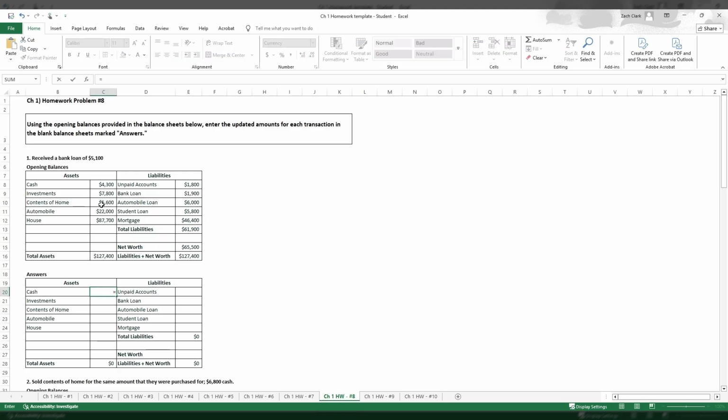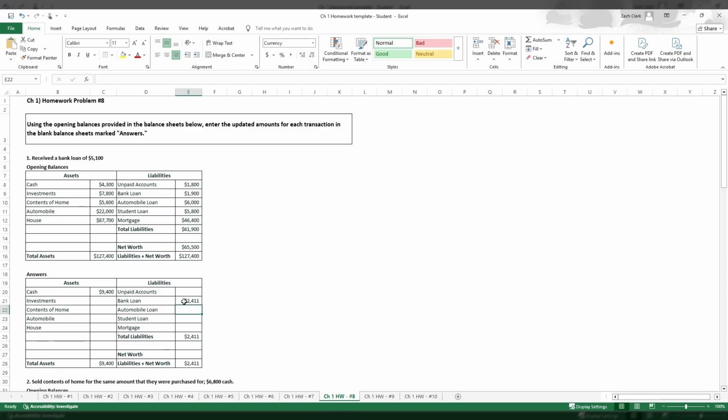So with that said, we can take the $4,300 opening balance, add $5,100 of cash that we will have received for the bank loan. And then we're going to take that $1,900 opening balance there of the loan and also increase that by $5,100. And that brings us to updated balances for those.